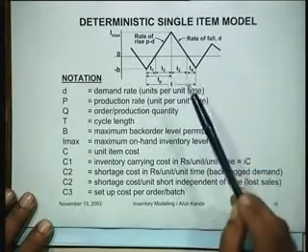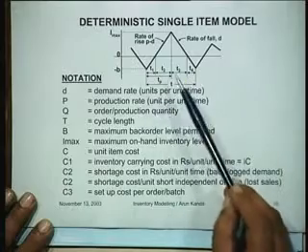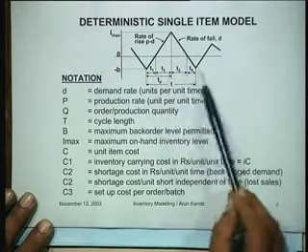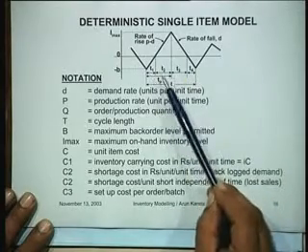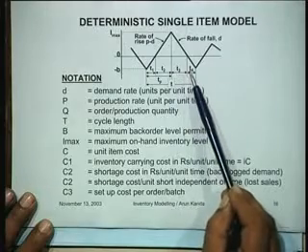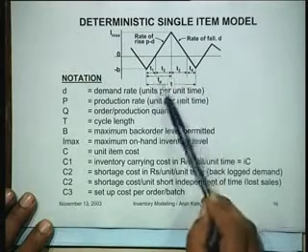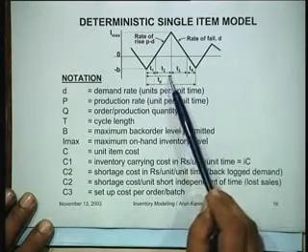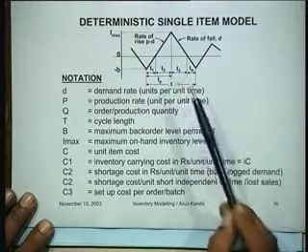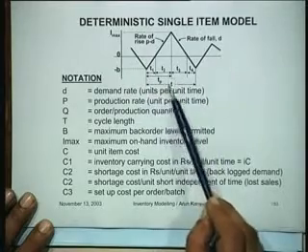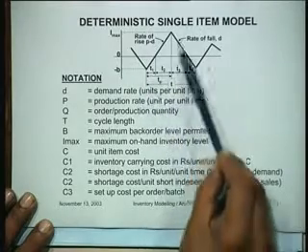What do you find in the cycle? You find that the cycle has 4 essential times. We call them T1, T2, T3 and T4. So T1 and T2 is actually the time of production, TP. And this capital T is the time of the entire cycle.